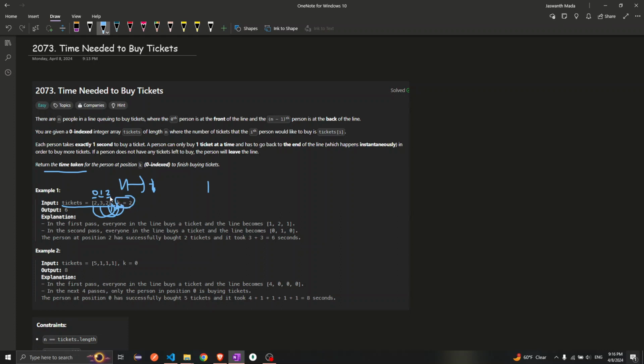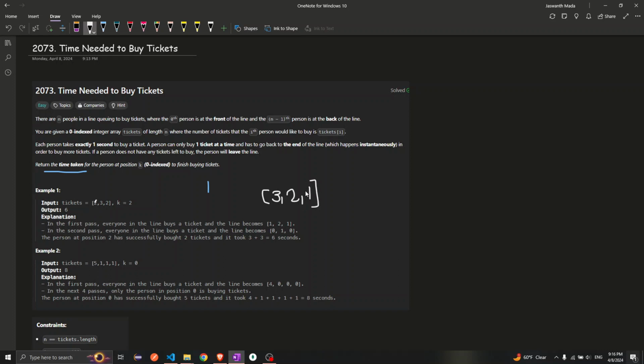Suppose the k is 2, right? So we need to focus on this person. We need to return the time taken for this person to buy the whole two tickets. In this example, we have three people who want to buy two, three, and two tickets. In the first second, this person buys a ticket and goes back to the last place, so it will be three, two, and this person bought a ticket.